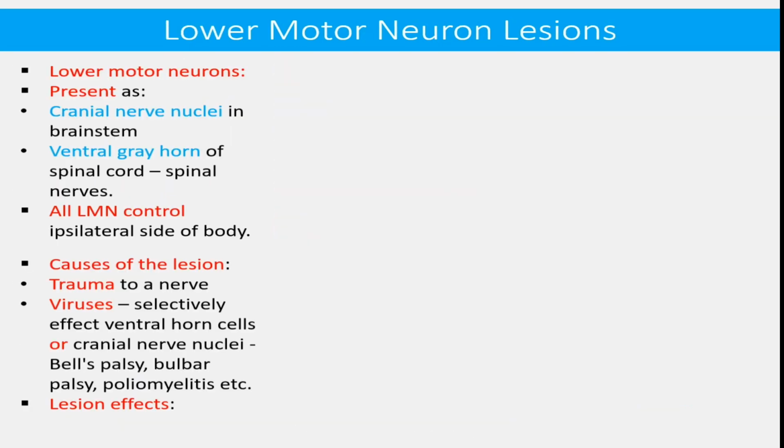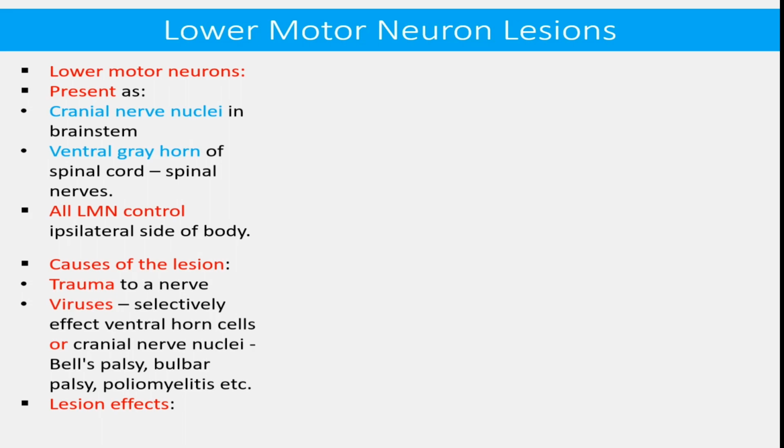Before proceeding to the lower motor neuron lesion effects, let's have a brief review of the lower motor neurons. The cell bodies of these neurons are present as nuclei of the cranial nerves in the brainstem and the ventral gray horn of the spinal cord as the nuclei of spinal nerves.